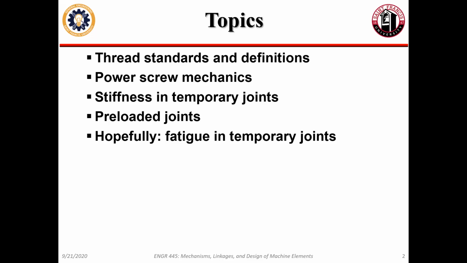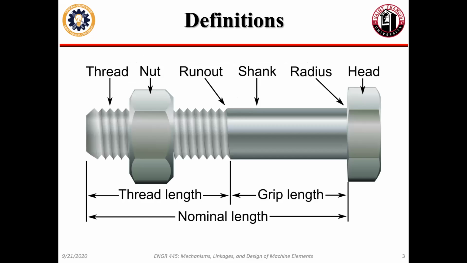Cool. So, definitions. There's your screw. I know some of this sounds simple, but just some things to make sure I'm on the same page. So threads on a screw are the actual helix that is engaged by a nut or whatever the mating part is for the screw.